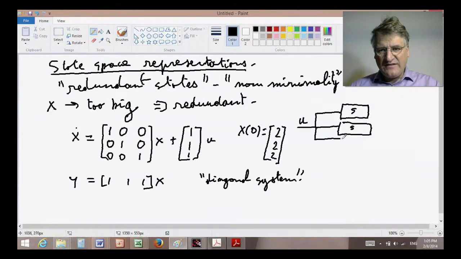S, S, and then S, which each satisfy x dot equals x plus u.